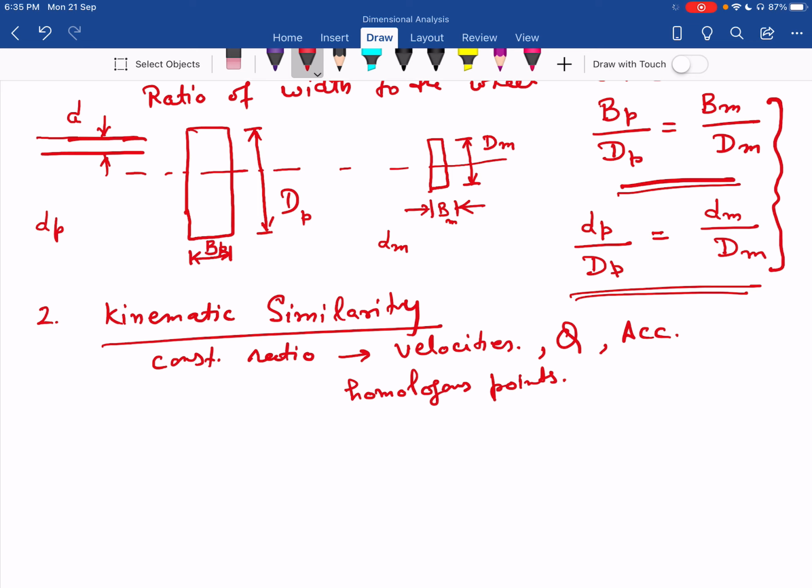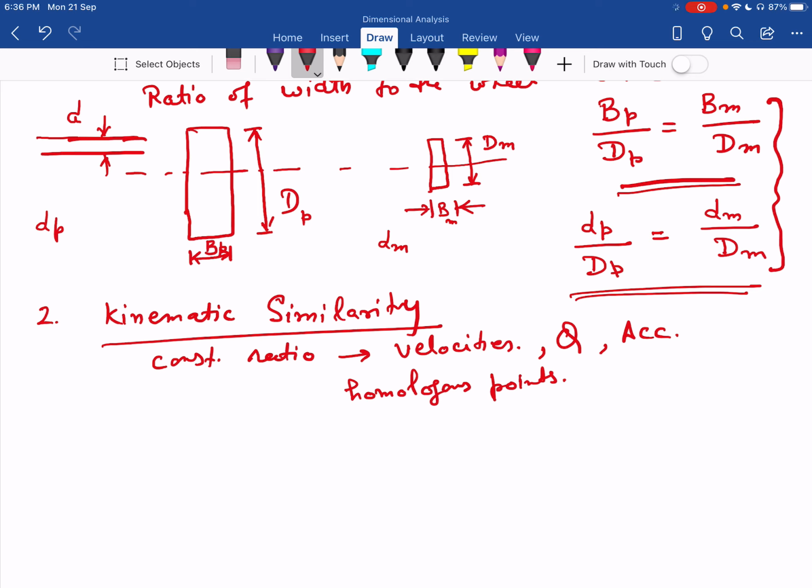Now the direction of motion should also be the same in the model as well as in the prototype. When we draw the velocity triangles in case of turbines and pumps, the different velocities have different angles.